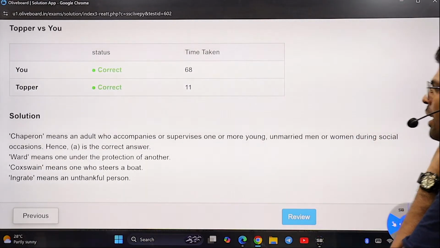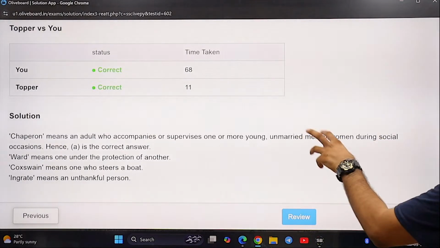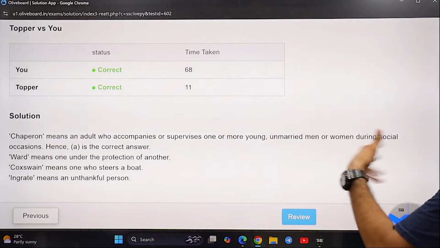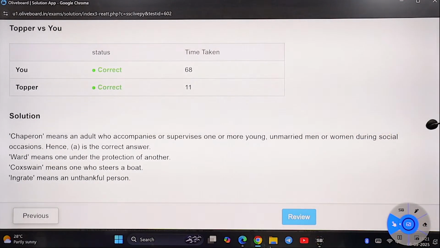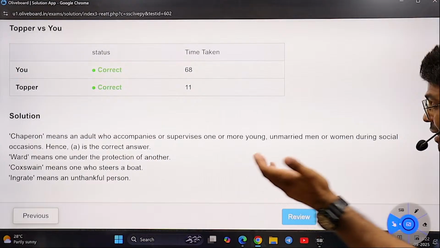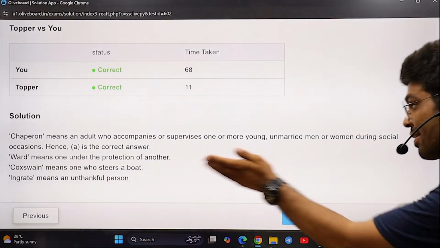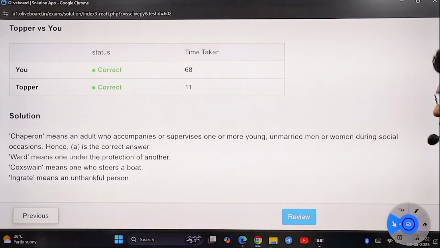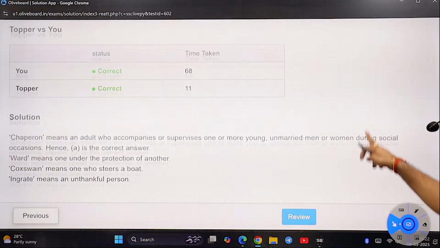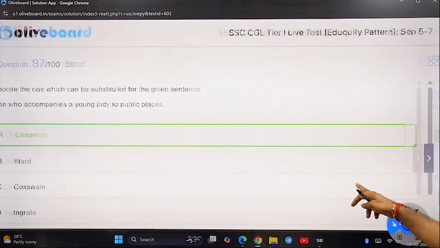Great. Chaperon: adult who accompanies or supervises one or more young unmarried men or women during a social occasion. Ward: protection of another. Coxswain: who steers a boat. Yes, I did see it in the dictionary. The one who steers a boat. Okay, ingrate: unthankful person, not grateful to him or her.